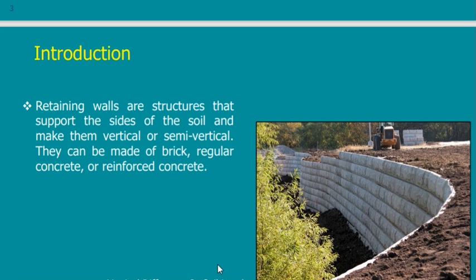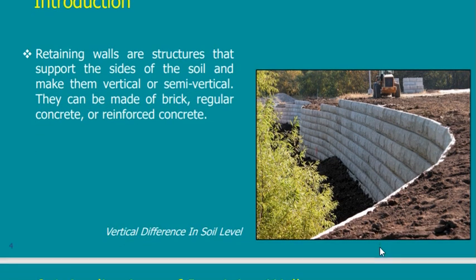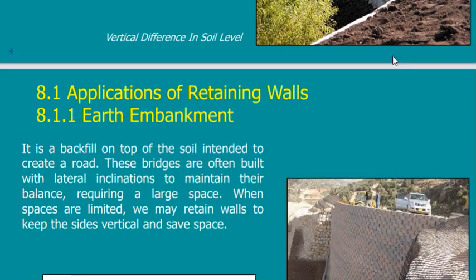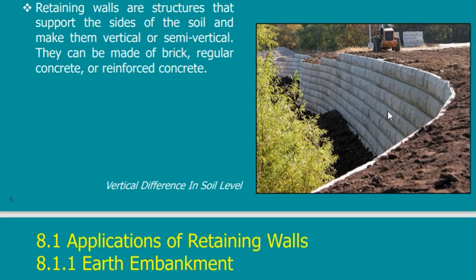If you have it, use it. If you don't have it, then you have to use this retaining wall. So this is one type of retaining walls. Of course, it is a special type of retaining walls, but we will discuss this later. We're just now considering the concept. It's a retaining wall.